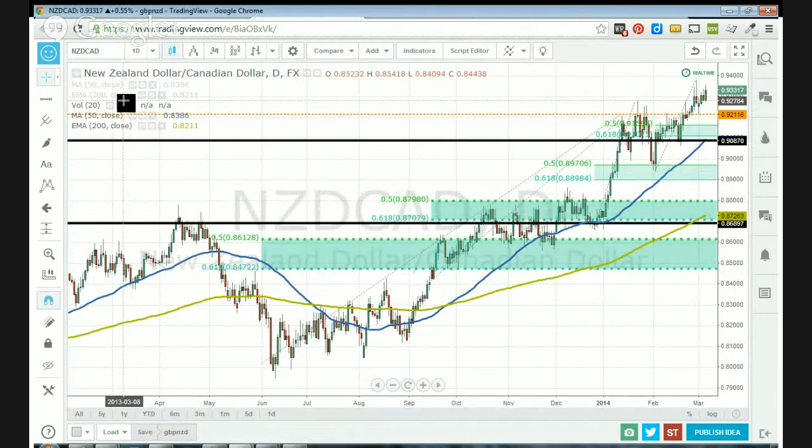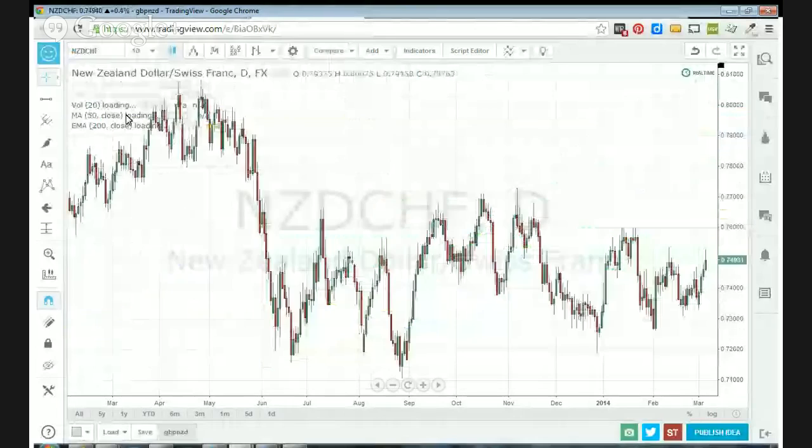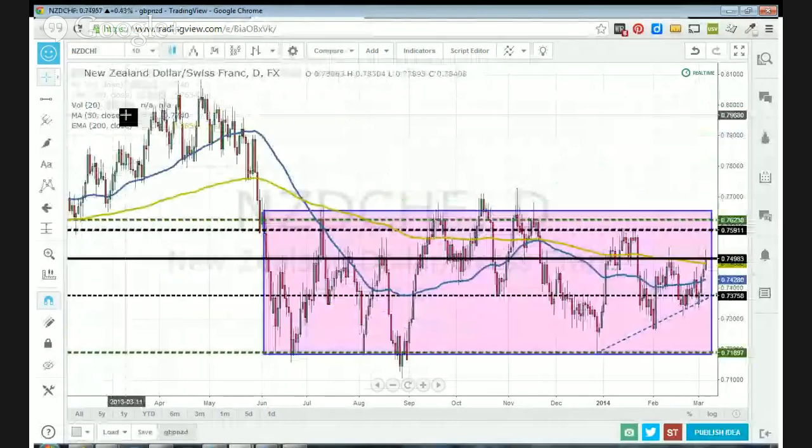Kiwi Canada. Okay, still need more of a pullback before I do anything here. Kiwi Swiss. Okay, and this is going to be similar to Euro Kiwi, which I'm in on the trade already. In that Euro Kiwi position, man, these crosses are so volatile.